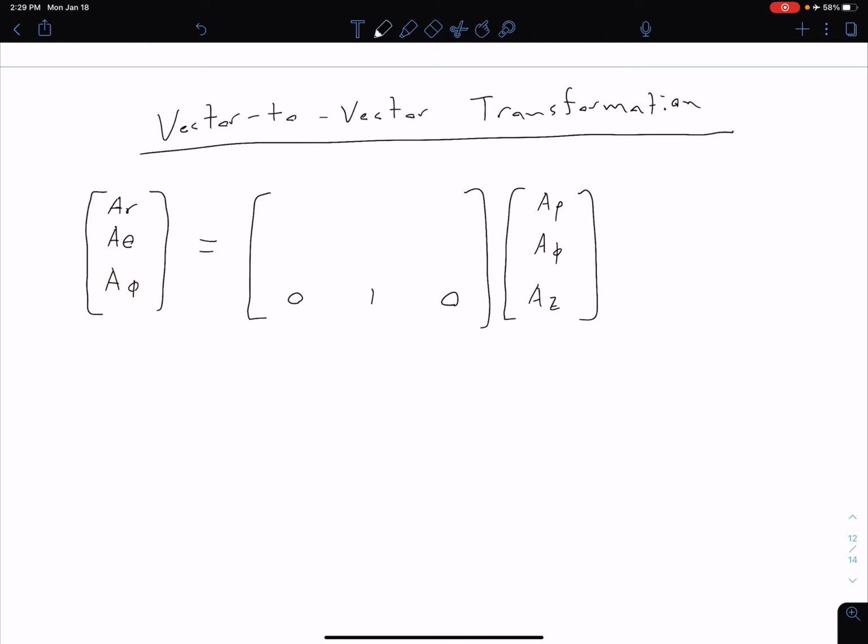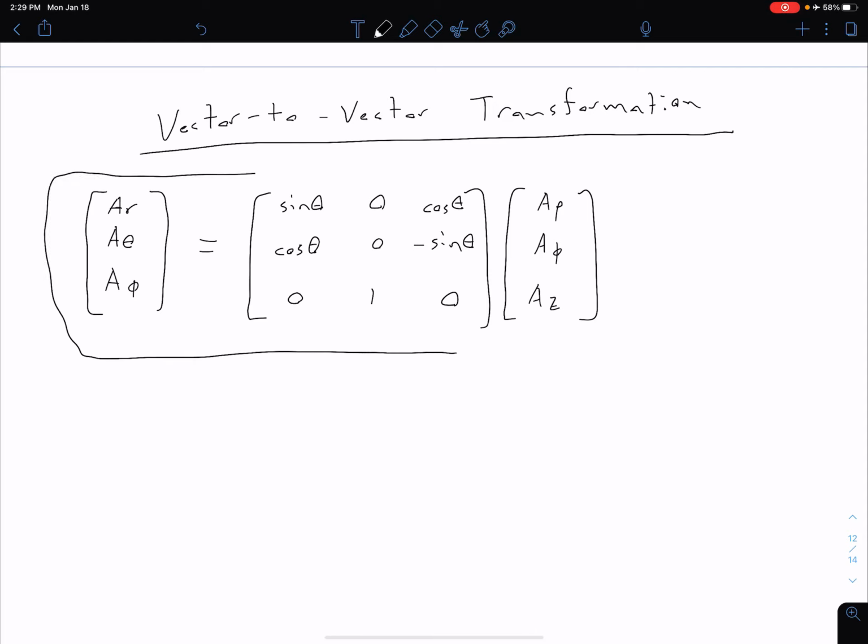For our first row we're going to have sine of theta, 0, and cosine of theta. For our second row we have cosine of theta, 0, and negative sine of theta. Again, this all comes from relating unit vectors of one coordinate system to unit vectors of the other using trig. Okay, so this is going from cylindrical to spherical.